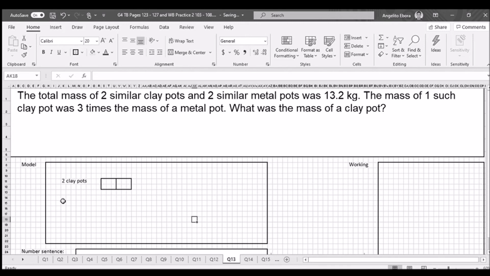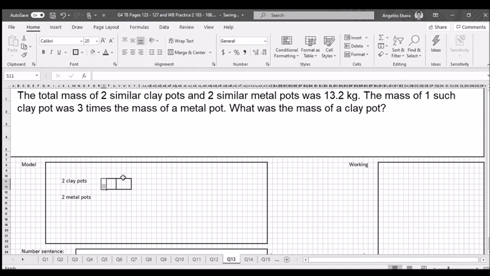Then it says the mass of one such clay pot was 3 times the mass of the metal pot. So two metal pots. That means this one is 3 times.